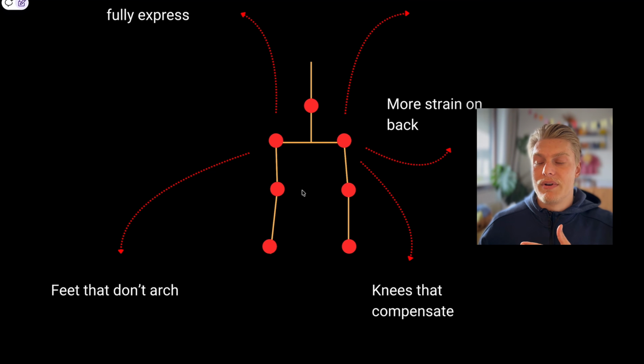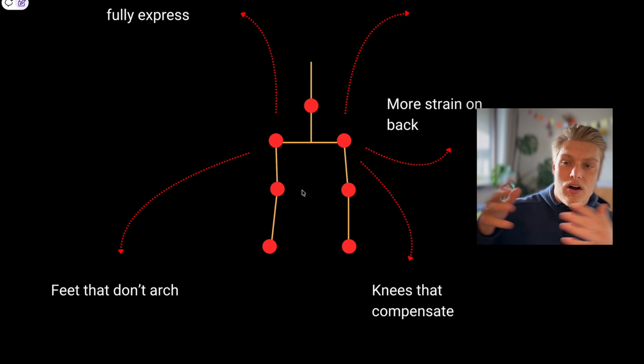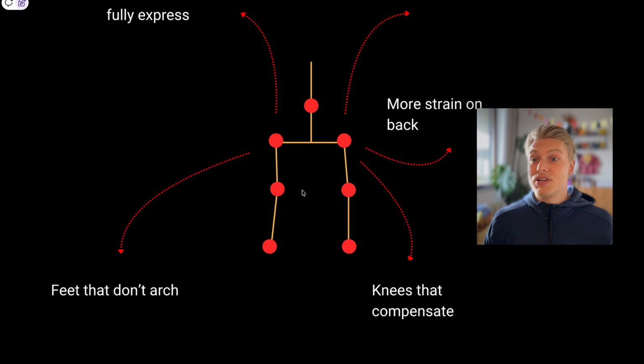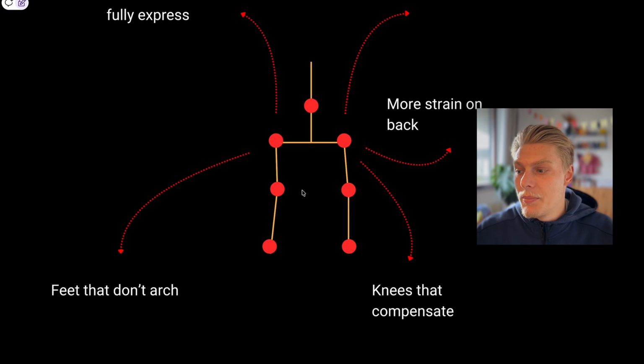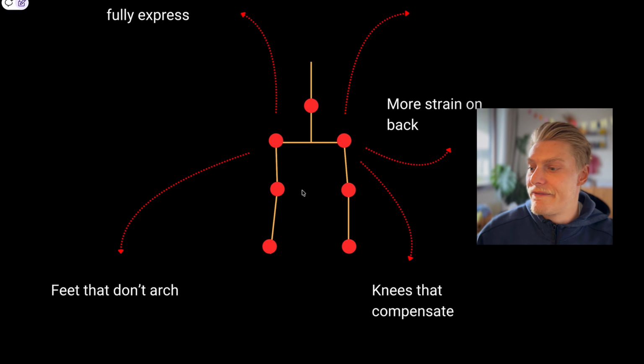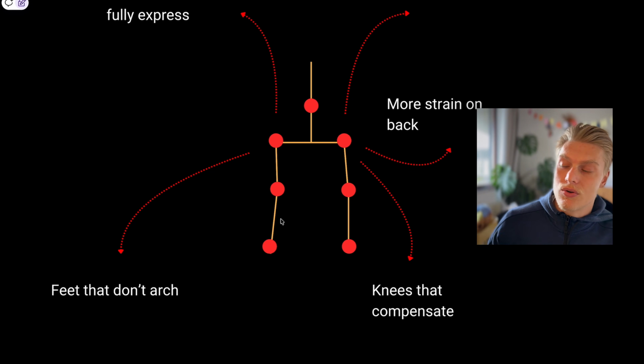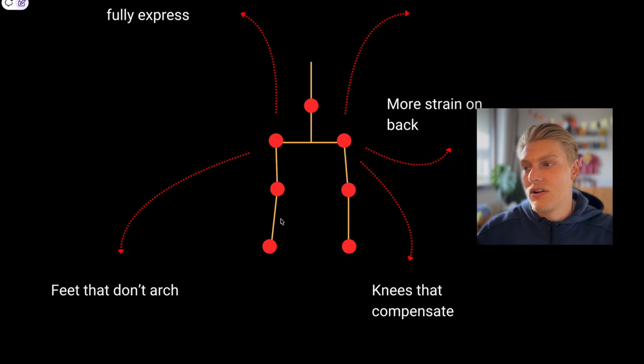So if you lack a little bit of range of motion, maybe on a day-to-day level, it doesn't mean much, but accumulatively, it means that potentially the knees need to compensate in order to still make movement apparent. But if the knees tend to cave in or tend to compensate, caving in is just a strategy that it could use. The foot tends to arch as well, so it goes more into pronation, all in order to stay in alignment with gravity and movement continuous. So that is something that could happen.